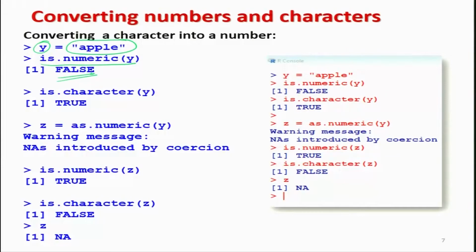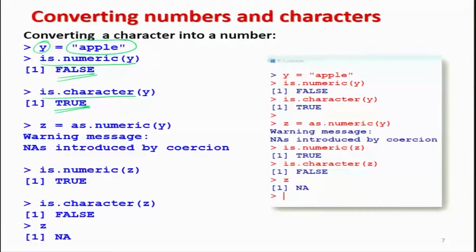The answer comes out to be FALSE. Obviously y is apple, it is a character, so it cannot be numeric, so that is why the answer is FALSE. But now I check is.character(y), that means whether y is a character. The answer comes out to be TRUE, yes, y is a character.